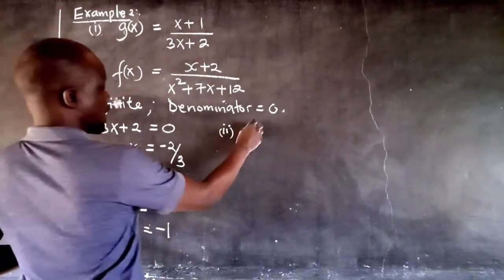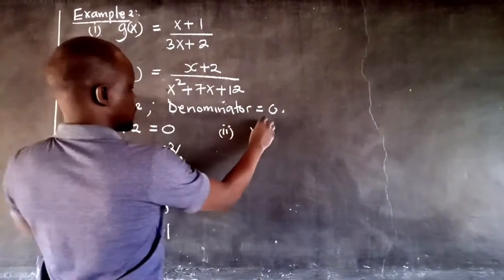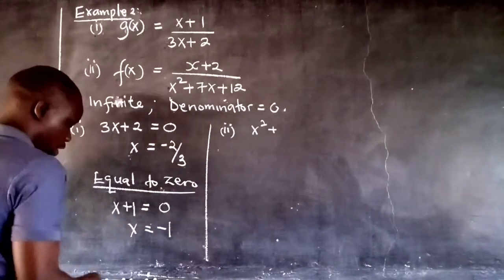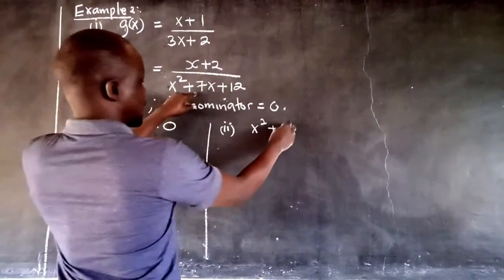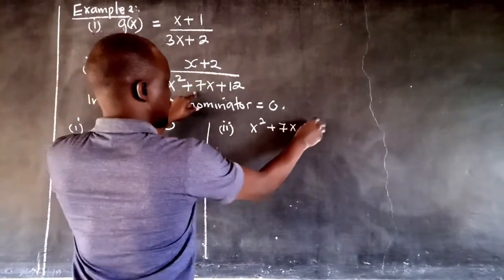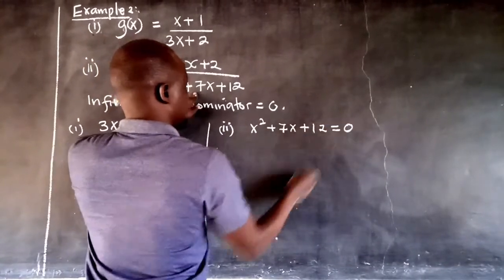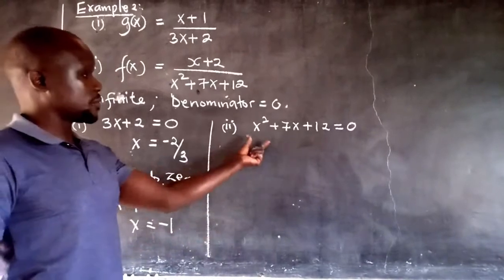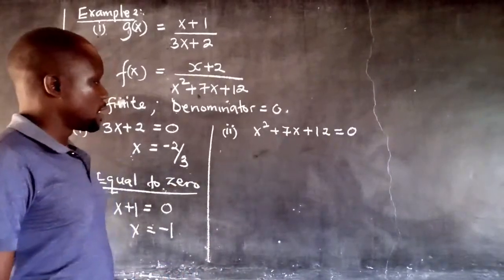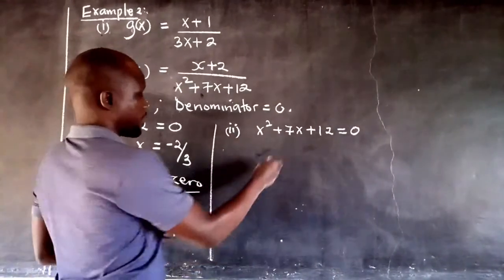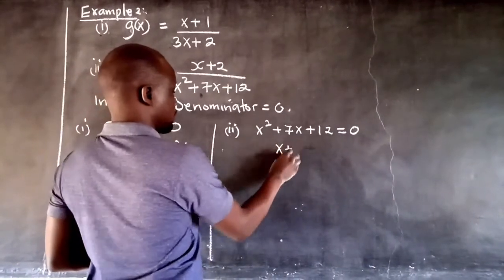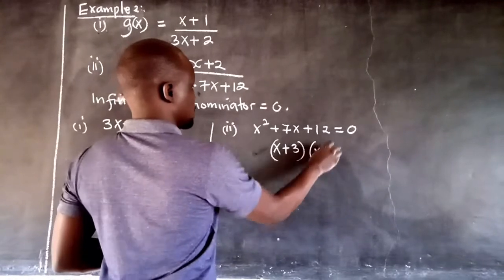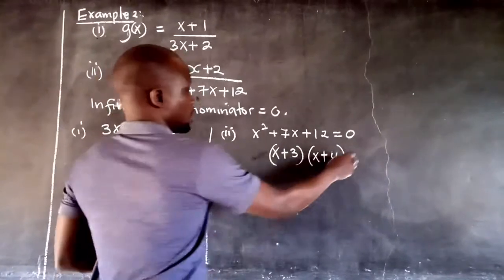If it is infinite, then the denominator, which is x squared plus 7x plus 12, should equal 0. And that takes you back to senior 2, where you look at factorization of quadratic expressions. When you factorize this, it will give you x plus 3 into x plus 4 equal to 0.